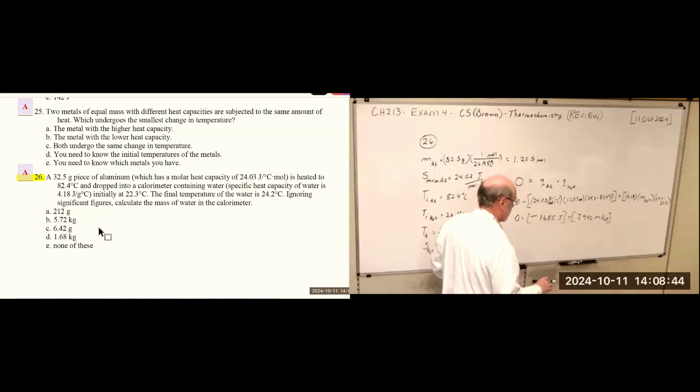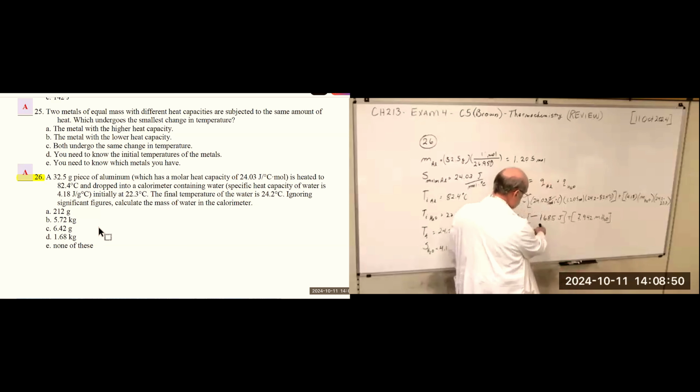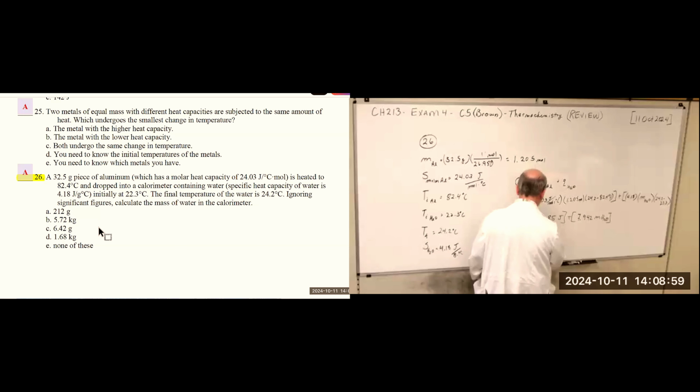Now what do we do? We get all our number terms on one side and our unknowns on the other side. That means this one comes over here as a positive. And then we have 7.942 times the mass of water.